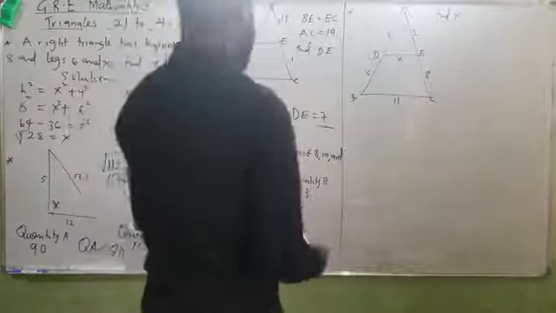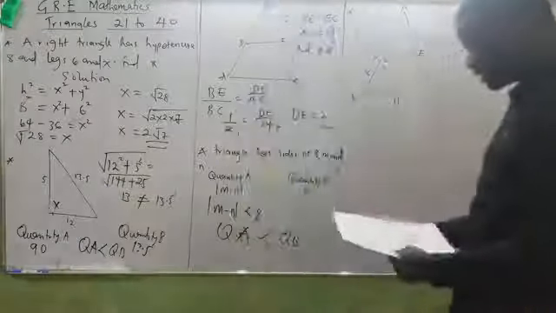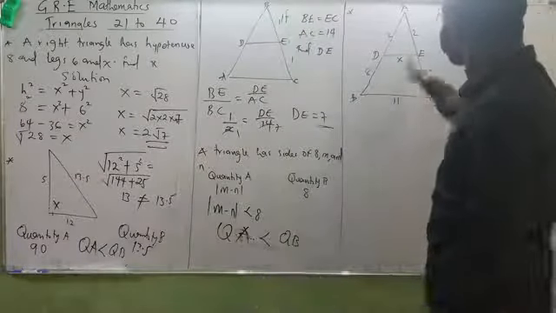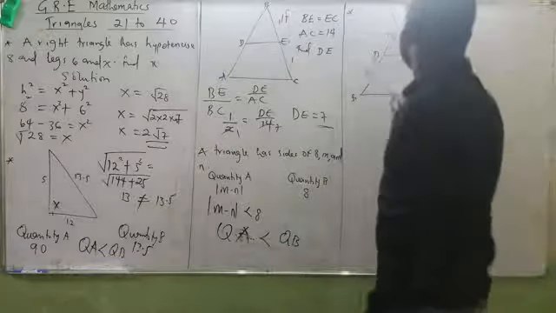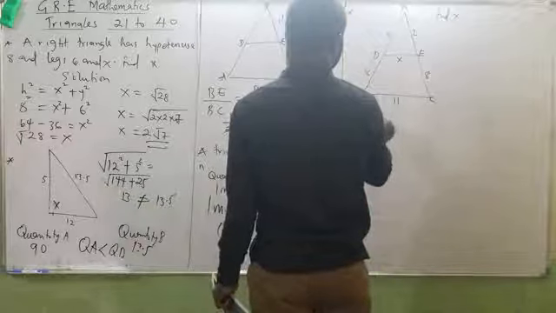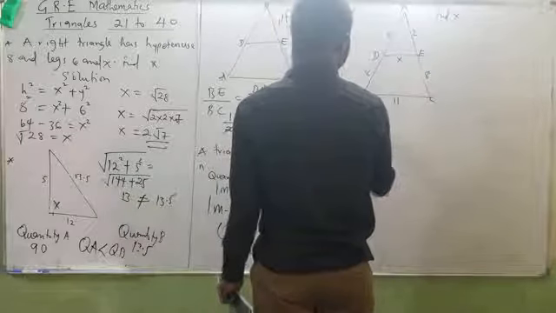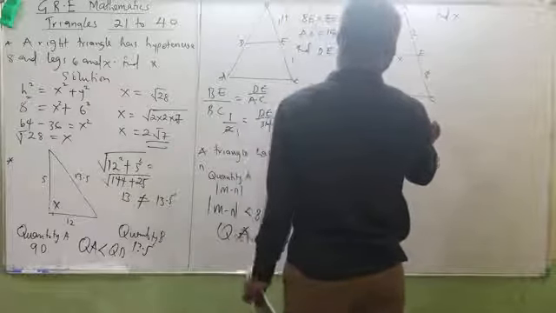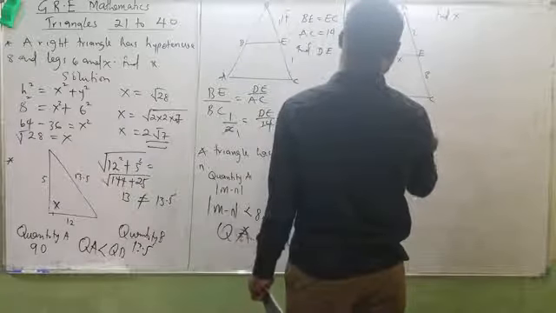Now, the last part of it is this, before another set of questions. Don't forget what I told you last time, that AE divided by AC will also be equal to DE divided by BC.